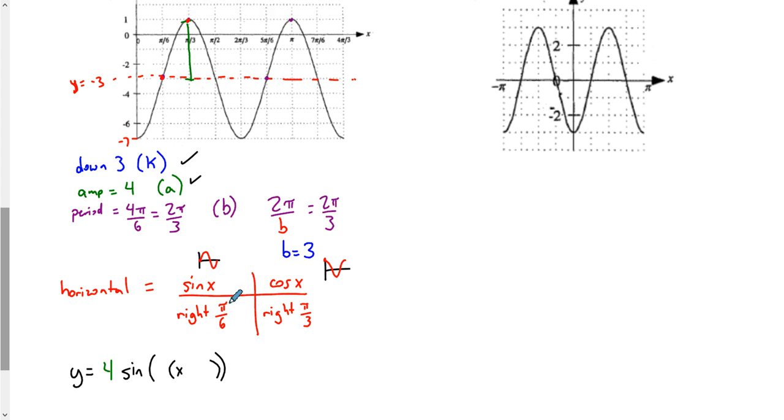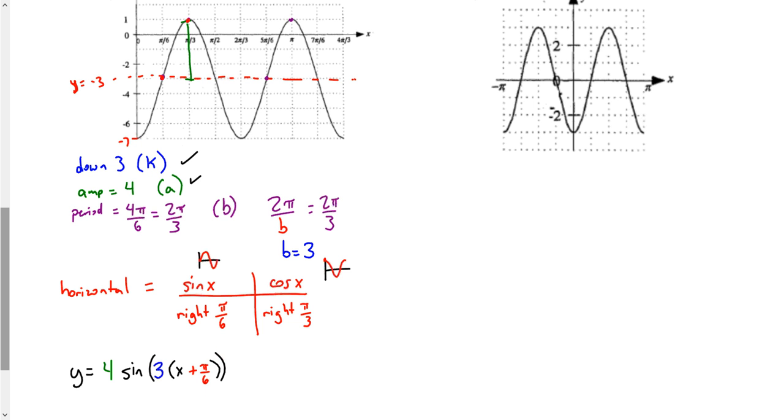Our b value, well, it's 2 pi divided by b. In this case, it's 3. On the inside deals with our horizontal translation. For a sine graph, we've moved right pi over 6. But that does not mean that we're going to be adding pi over 6.